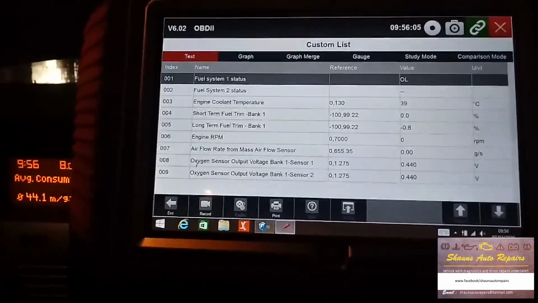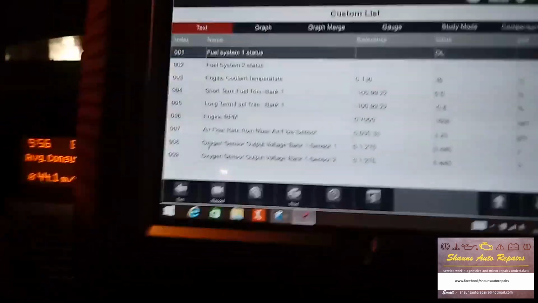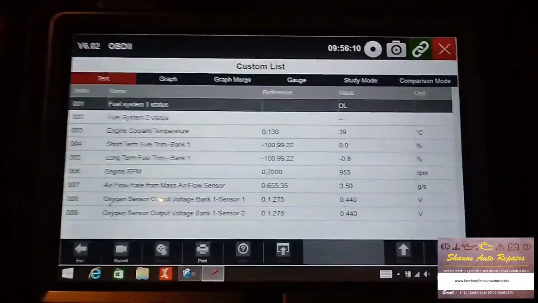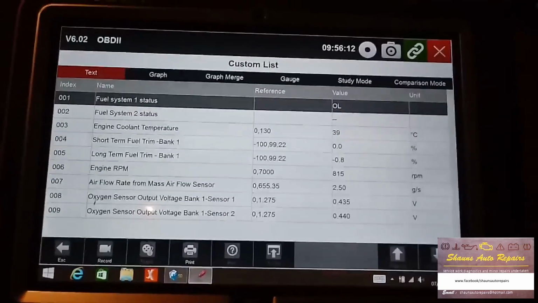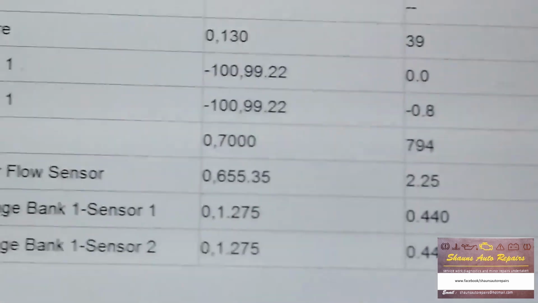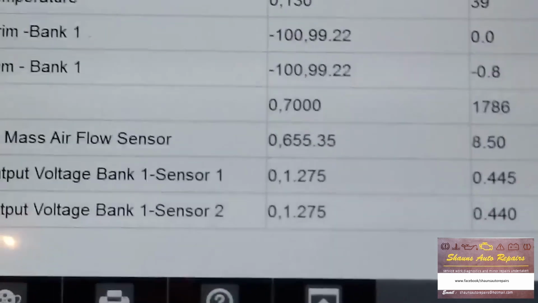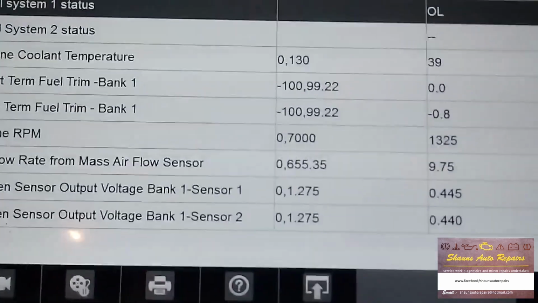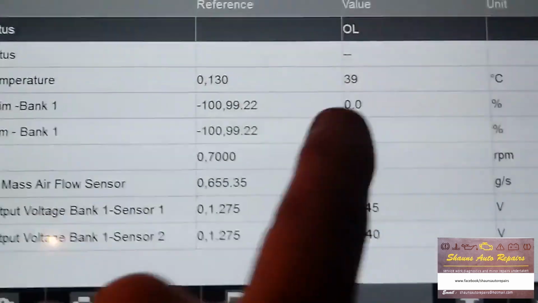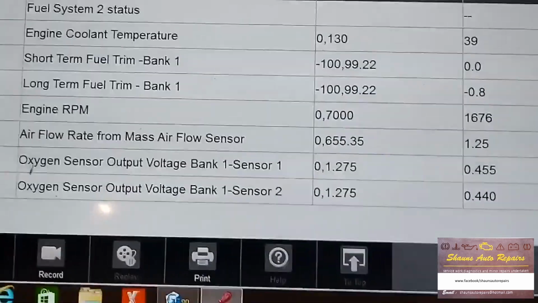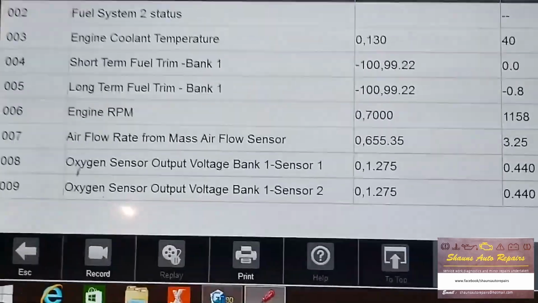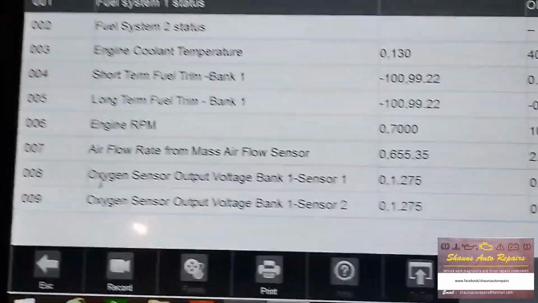Right, let's just start the car up. As you can see, we're still in open loop at the moment. Coolant temperature is 39 degrees. I'll bring you back when we go into closed loop.